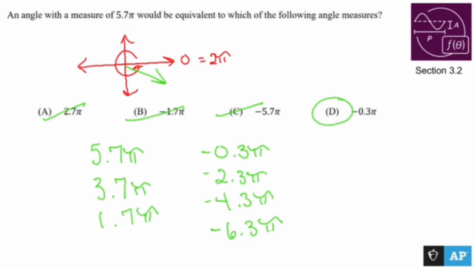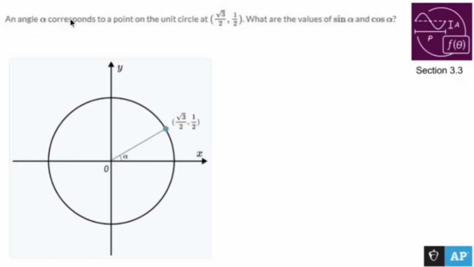Fun stuff. An angle alpha corresponds to a point on the unit circle, root 3 over 2, 1/2. What are the values of sine alpha and cos alpha? All right, well, we have this point right here. Let's label u, x, and y. If this is the unit circle, we can assume that the radius is 1.